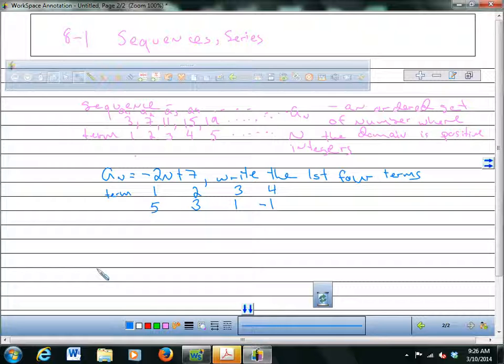Write an expression. How about this one? Just to show you that they're not always linear sequences, you could have something like a sub n is equal to 3 times negative 1 to the n, and say write the first 4 terms.